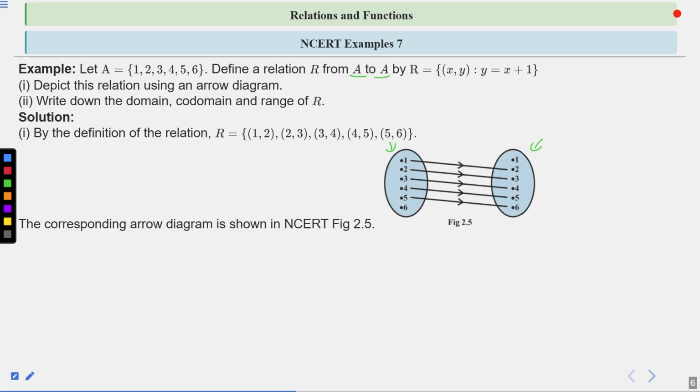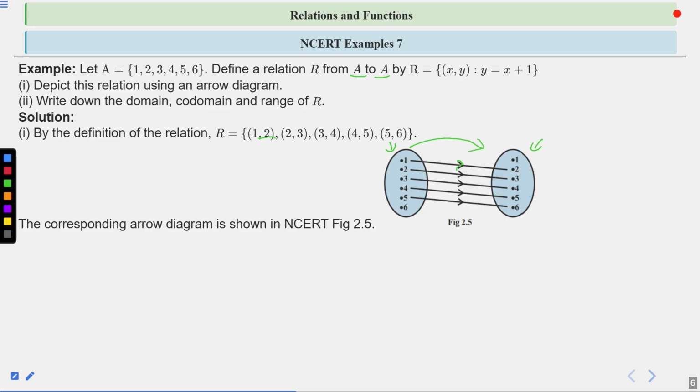Now 1 is related to what element? 2. So we draw a line originating from 1 and terminating at 2. This line segment shows that 1 is related to 2, and this arrow shows that we are going from this set to the set at the right hand side.